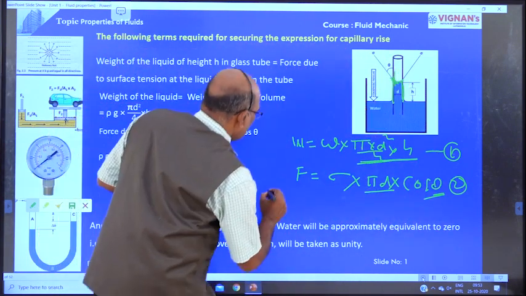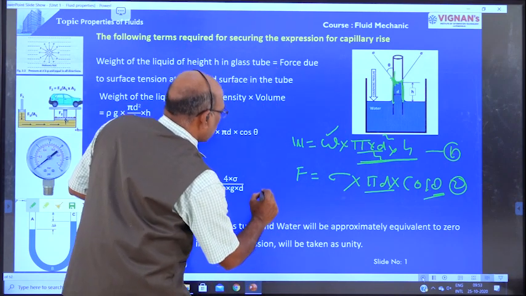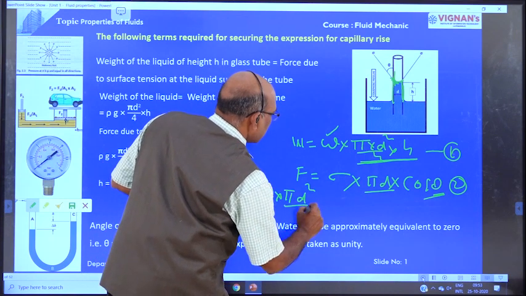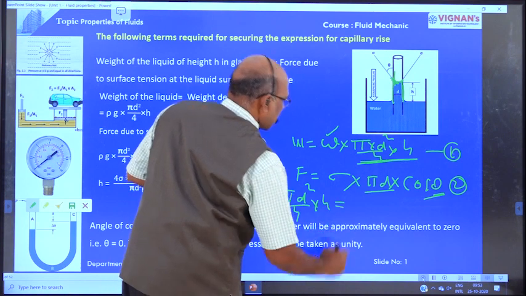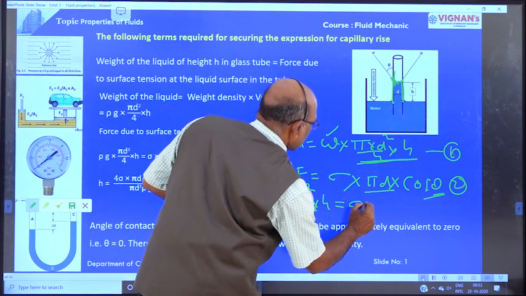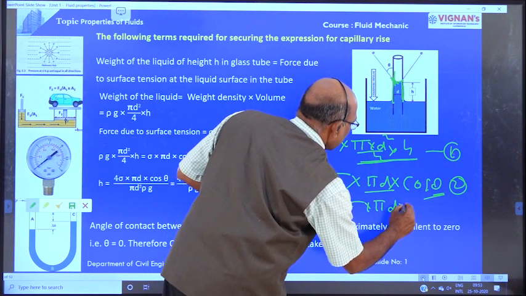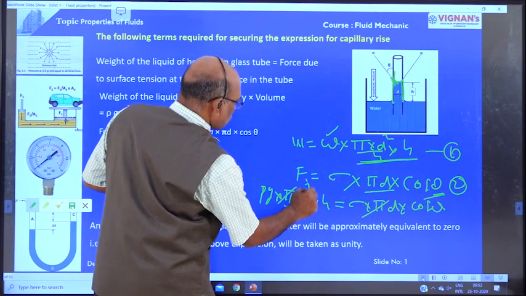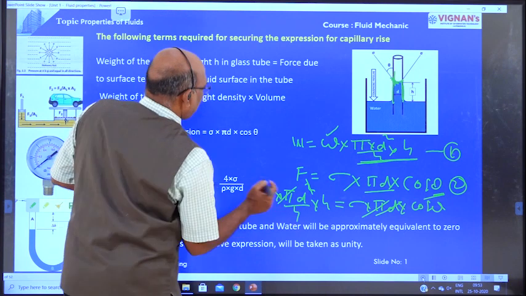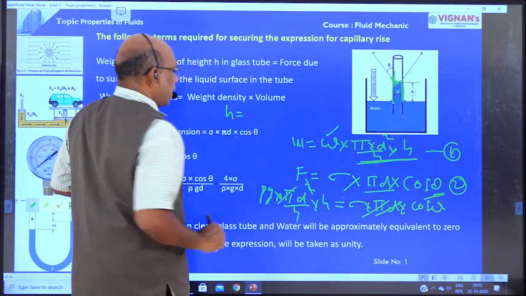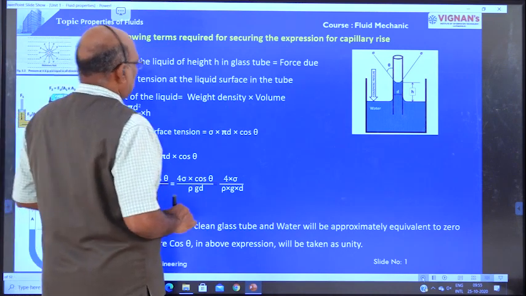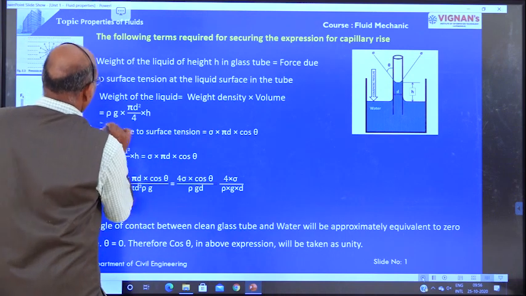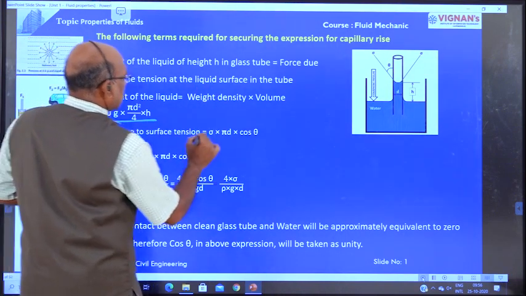Now weight density is nothing but rho g, so rho g into pi d square divided by 4 into h is equal to the surface tension force, sigma into pi d into cos theta. This is the weight of the fluid, and this is the surface tension.